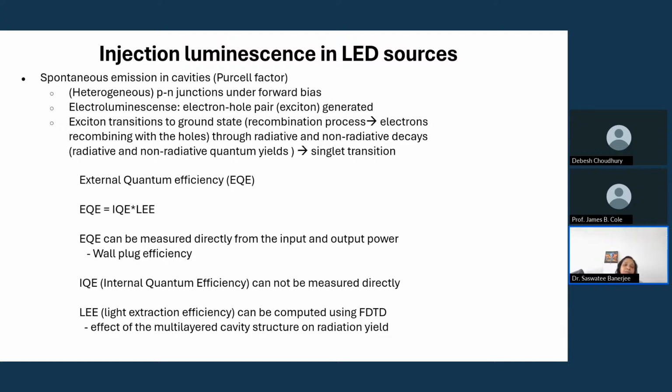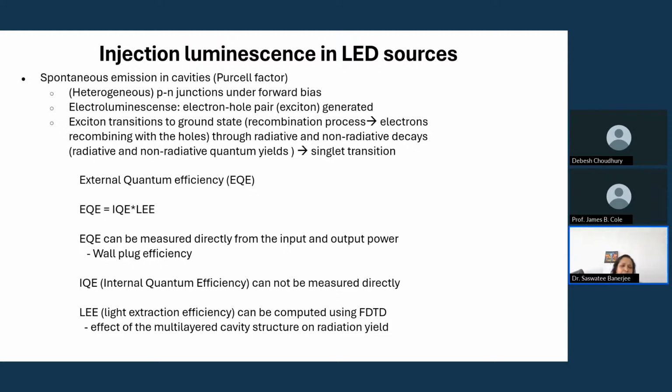So this is the LED device, or it's not just LEDs, photodetectors, etc. In all these, the quantum efficiency needs to be measured. And this is measured in terms of external quantum efficiency, which can be measured from the input energy and output energy. It's also called wall plug efficiency.